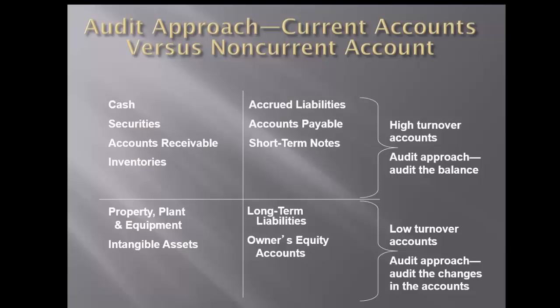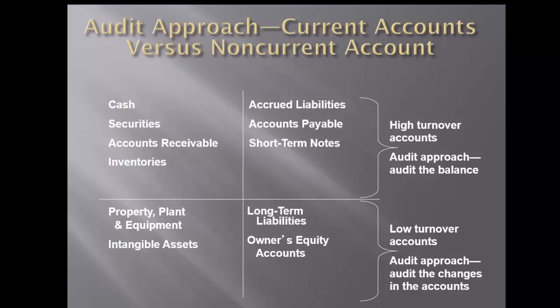So in these cases, the approach is to audit the balance. Property, plant, and equipment, intangibles, long-term debt, owner's equity, low turnover, so we're not doing transactions on a continuous basis. And what we're looking at here is the changes in the accounts.